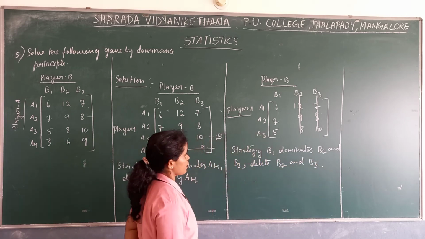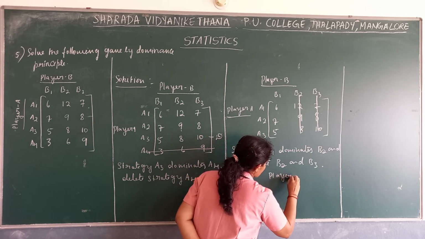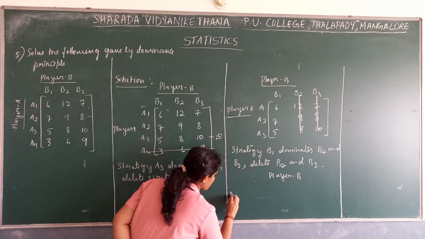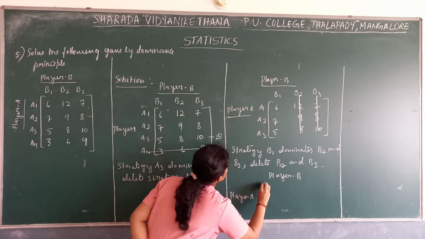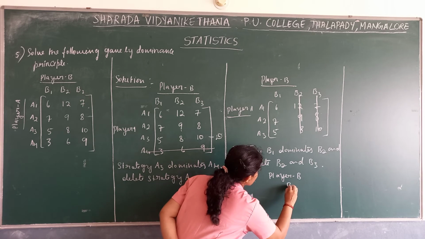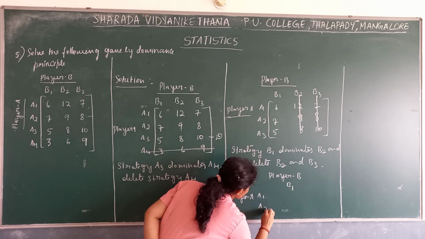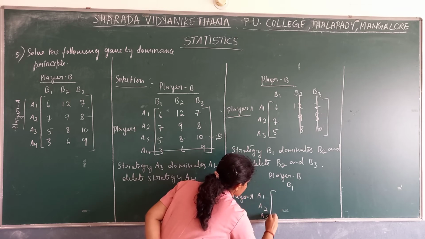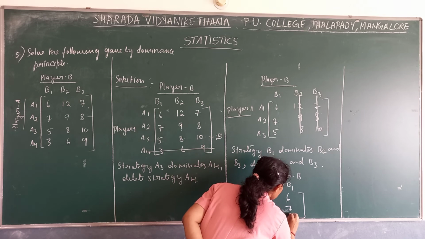Now what is remaining? Write the remaining ones. Layer B and layer A. Here B1 and this side A1, A2, then A3. What are the remaining values? 6, 7 and 5.